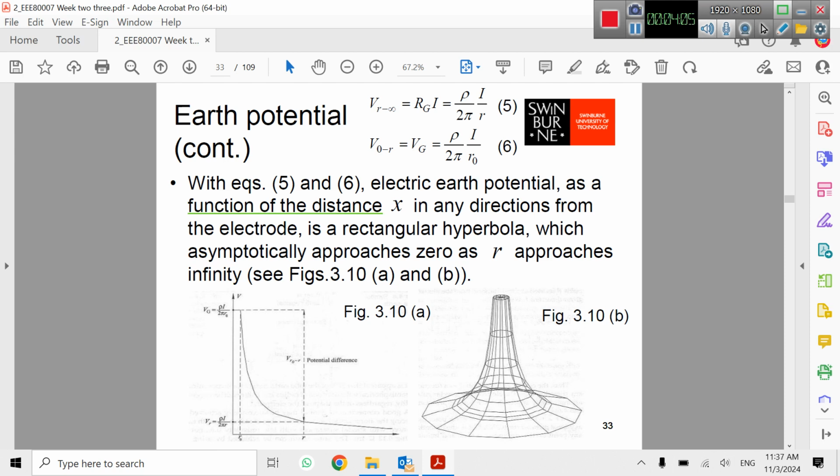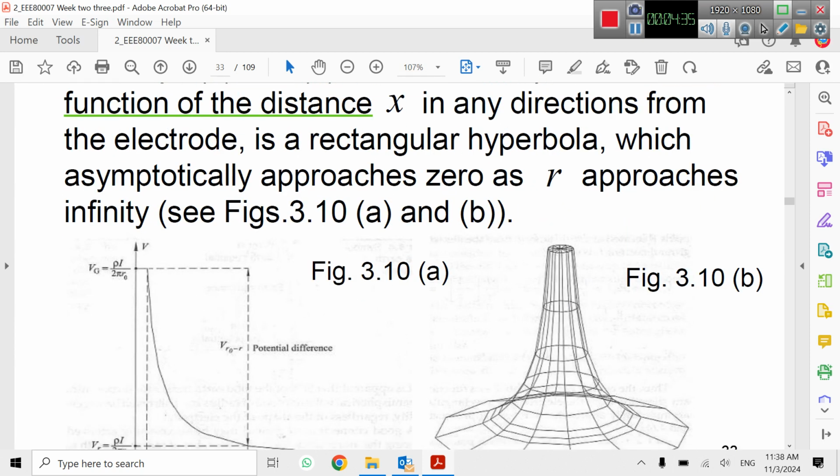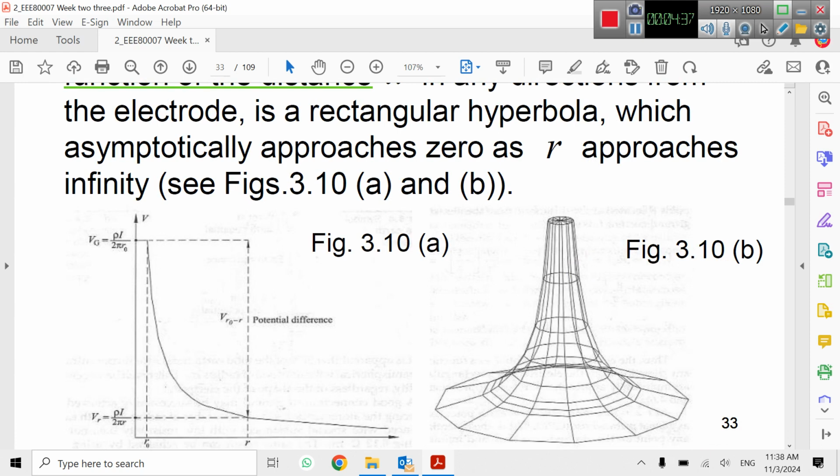If you remember, by 10 times the distance, there is around 90% reduction. So it is a function of the distance x, and you can see here a rectangular hyperbola shape, which is given by equations 3.9 and 3.10. 3.10b is the 3D one, and 3.10a is the 2D one.